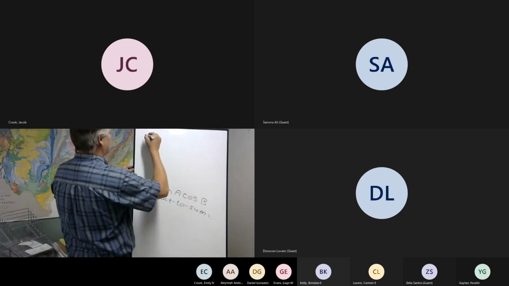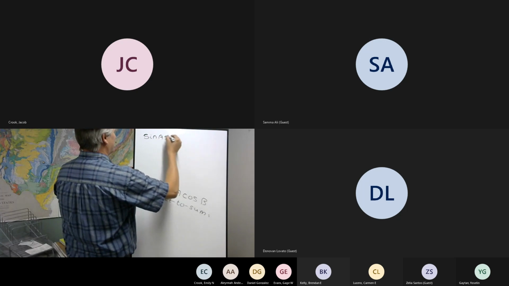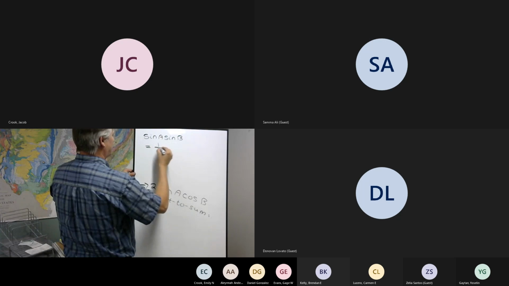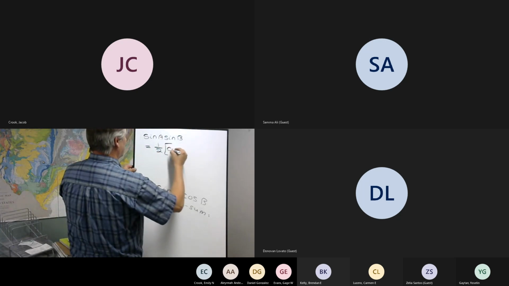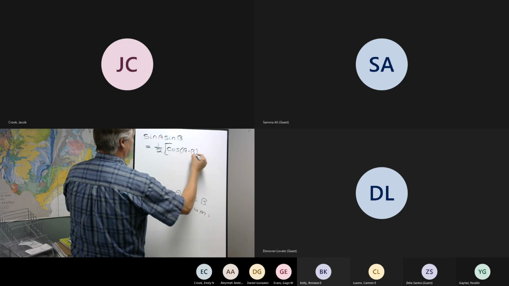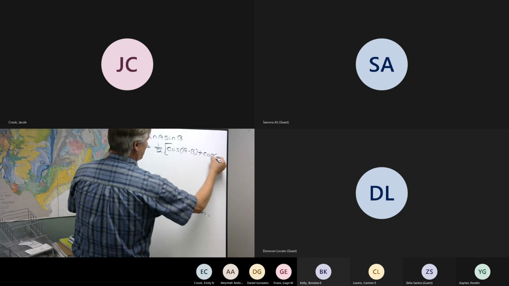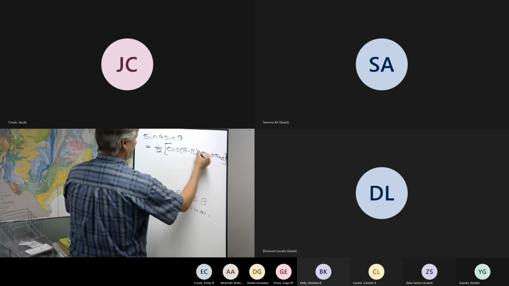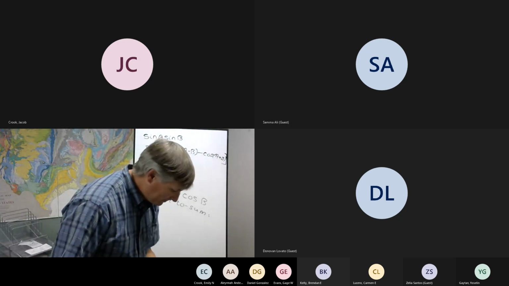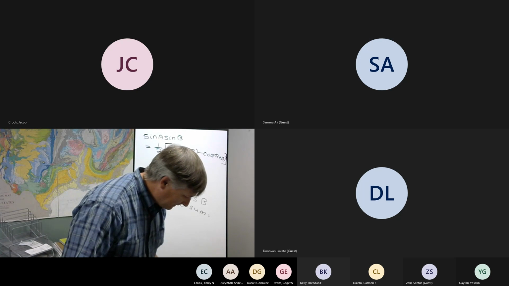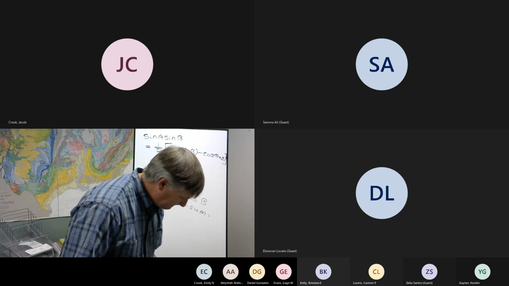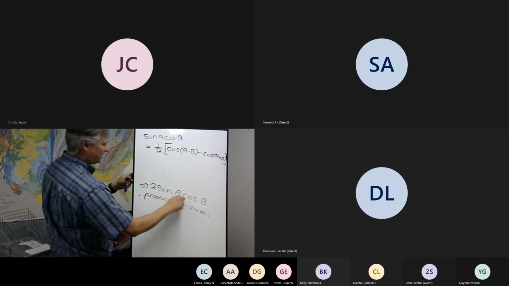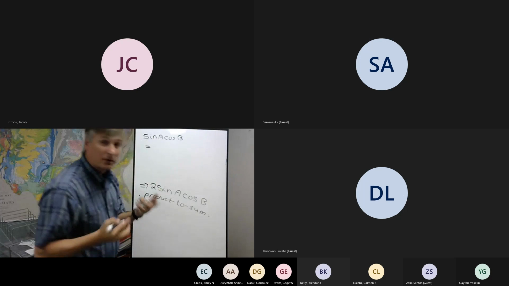Now for a product of sum, sine of A sine of B is 1/2 cosine of A minus B plus the cosine A plus B. Oh, sorry, minus. That was our product to sum. Oh, I'm sorry, we're doing cosine. So we're doing sine A cosine B. So again, product to sum.